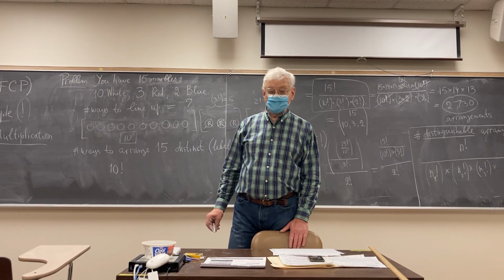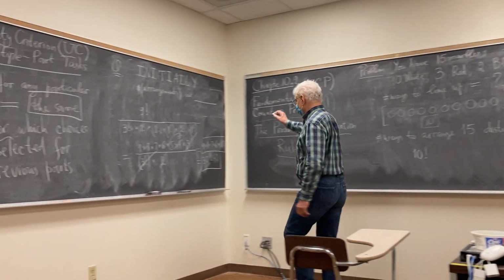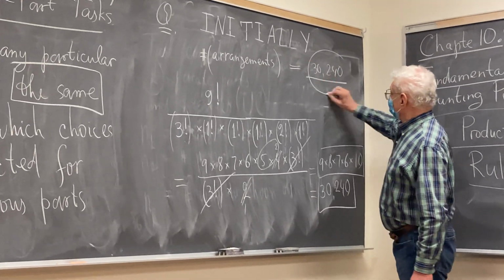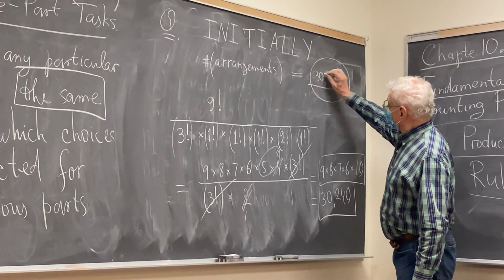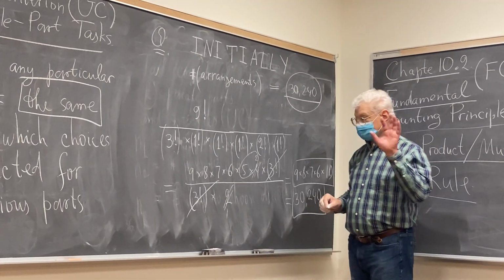And in the test, I will ask you the following problem. So let's write first the answer here, 30,240. Then circle it. And please write zeros very carefully. Don't mix them with 6 or whatever.